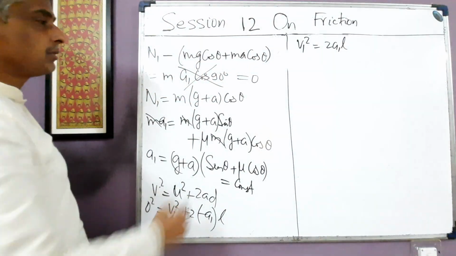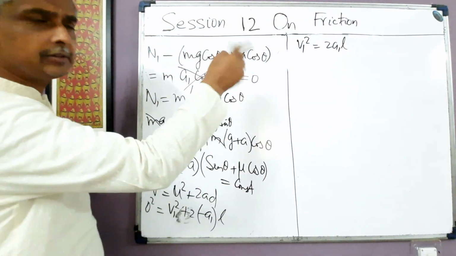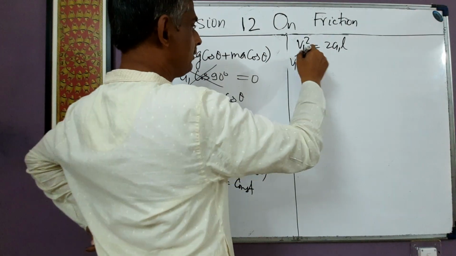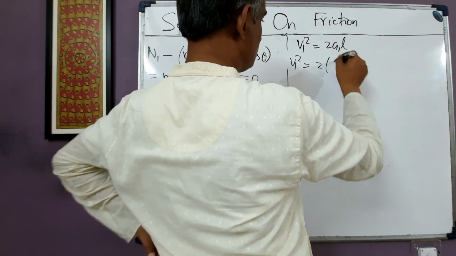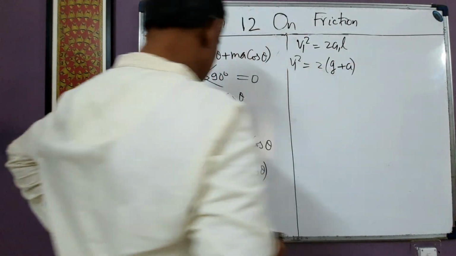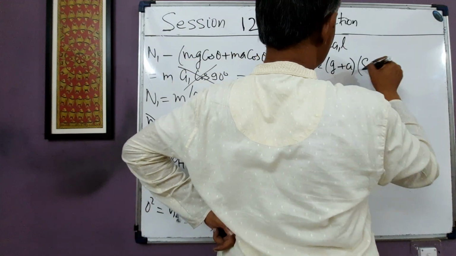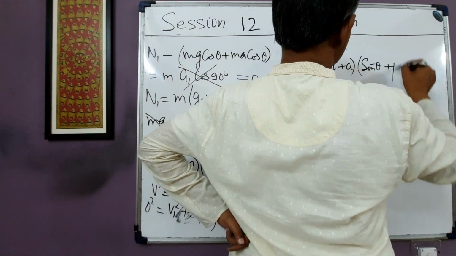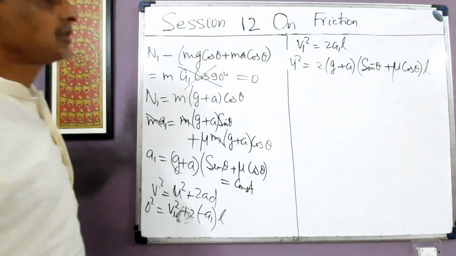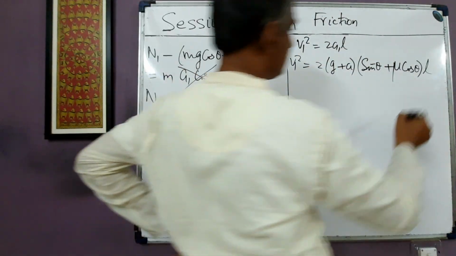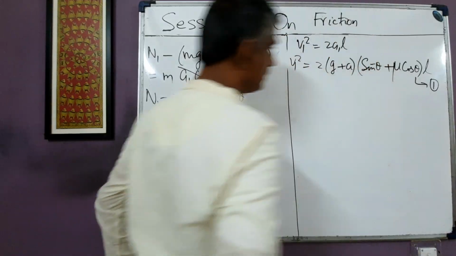Alright. Now v1 is how much? 4 root 2. I'll remain v1 itself. So v1 becomes 2. a1 is this quantity. Substitute this a1 there. Sin theta plus mu cos theta, sin theta plus mu cos theta into L. Okay. So this is the first equation which I have obtained now. Let's call this equation 1.